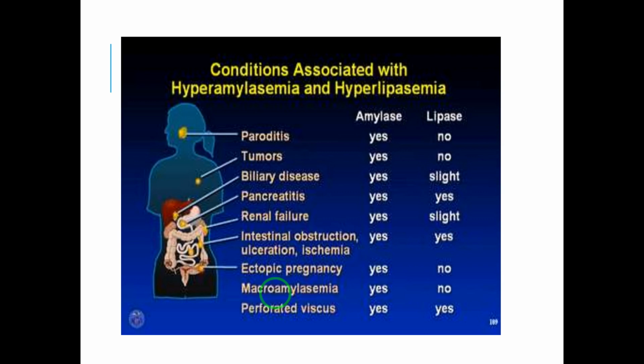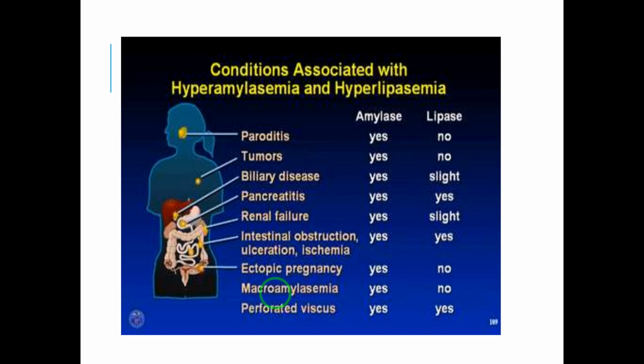So this marker, the amylase, is a normal marker that is produced by the body, but it can be used as a marker when we see that its level increases in the circulation. We can put in our mind the differential diagnosis of this high level of the amylase. We have at least two isoenzymes of the amylase. So we can differentiate whether the increase is of salivary or pancreatic source by measuring the isoenzyme.